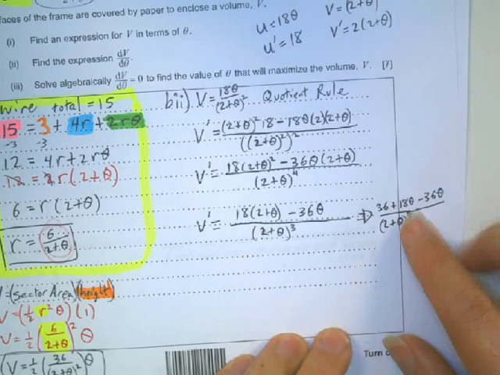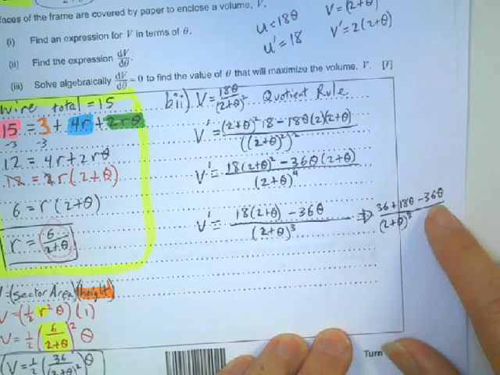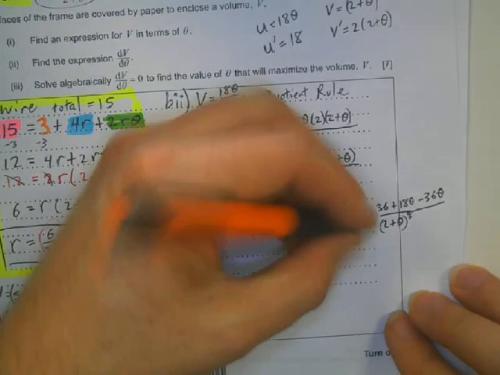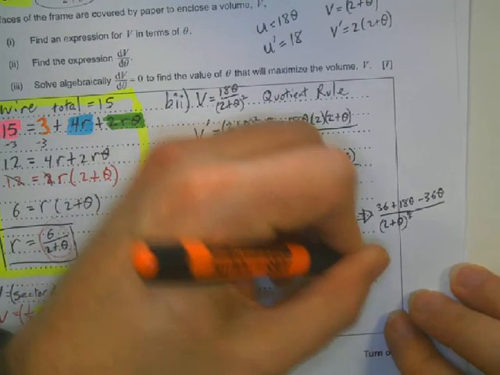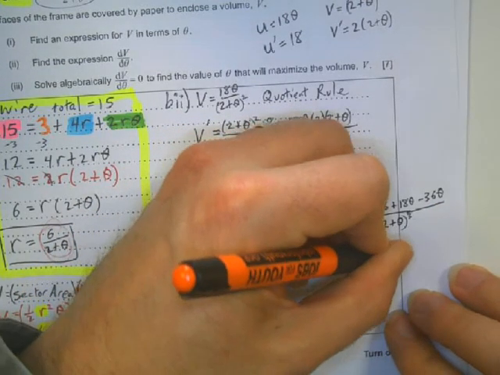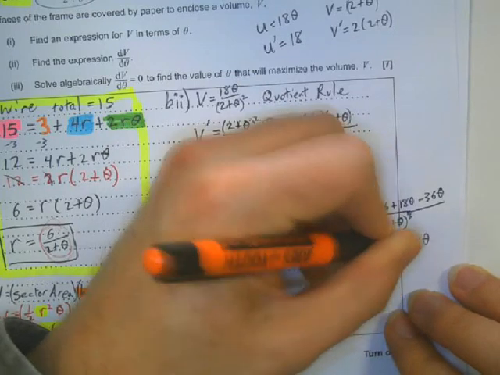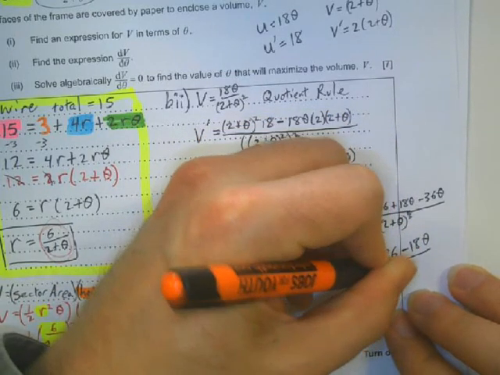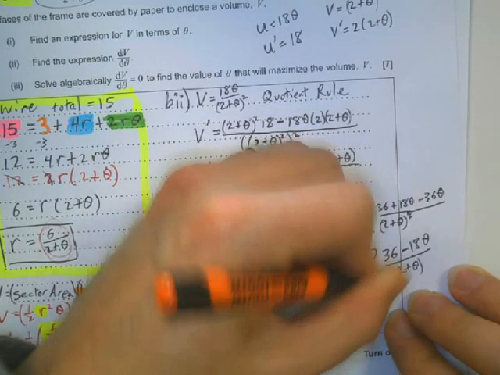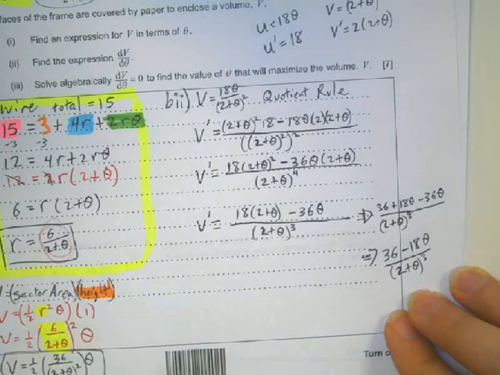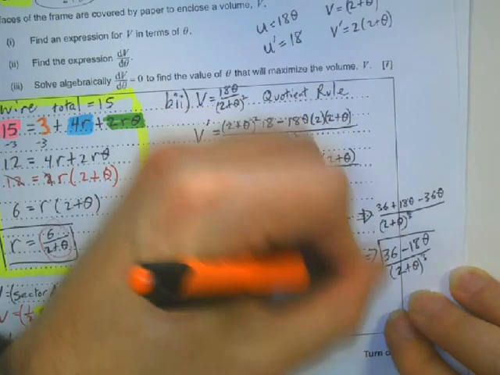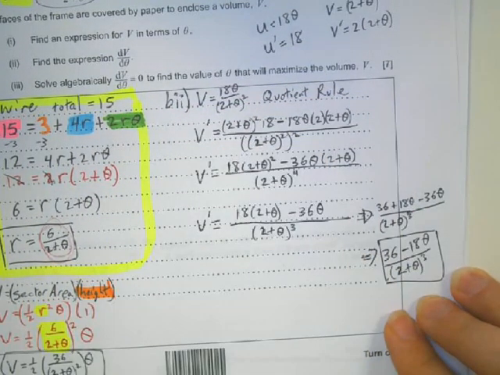Okay, 18 theta minus 36 theta is going to give me negative 18 theta. So my final answer here is 36 minus 18 theta over 2 plus theta parentheses cubed. Okay, and that is my answer for BII.